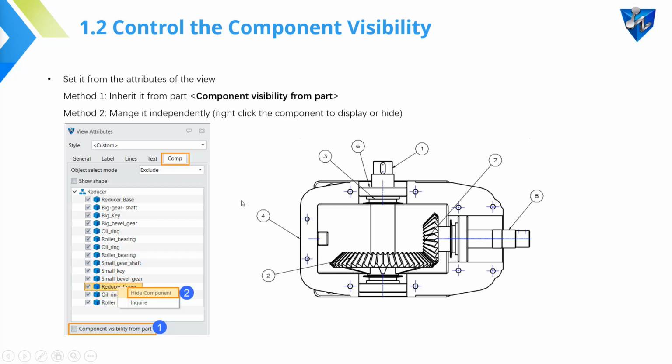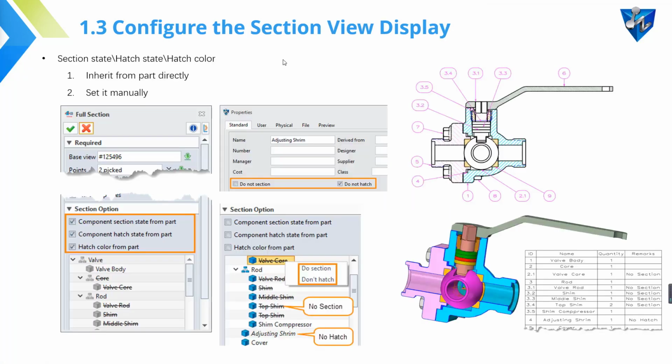So the first thing is how to control the component visibility. There are two ways. One is to inherit from the part directly, and also we can manage it independently, as you can see from here. We also need to know how to configure the section view display, such as the section state and hatch color.